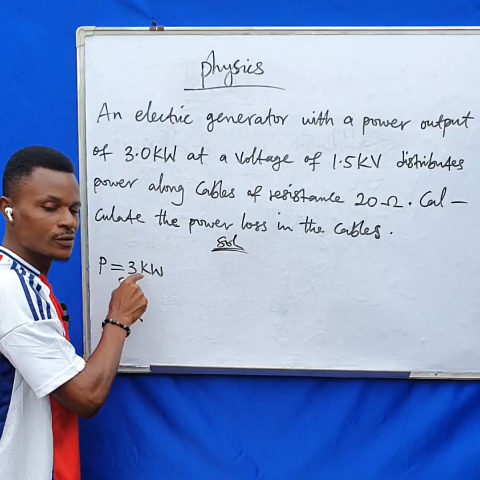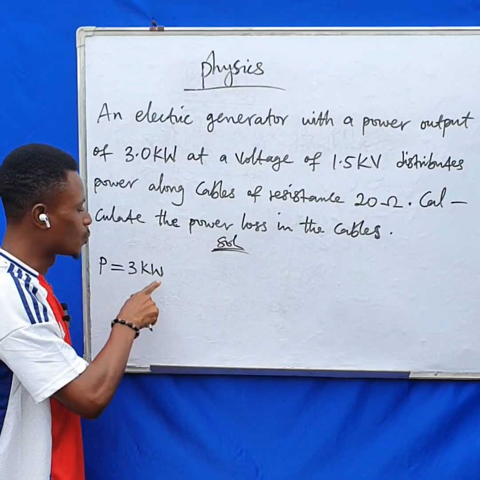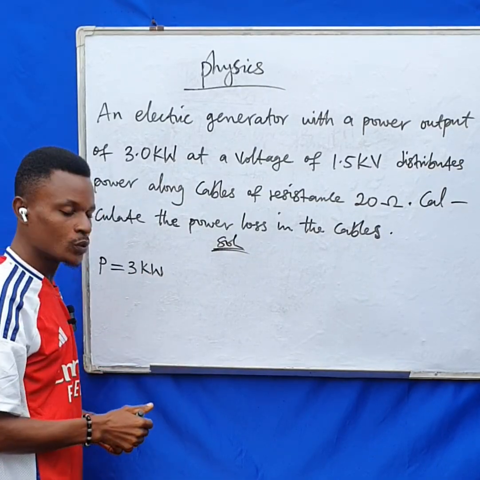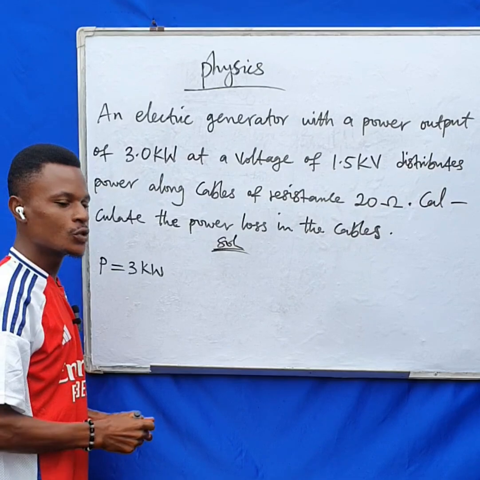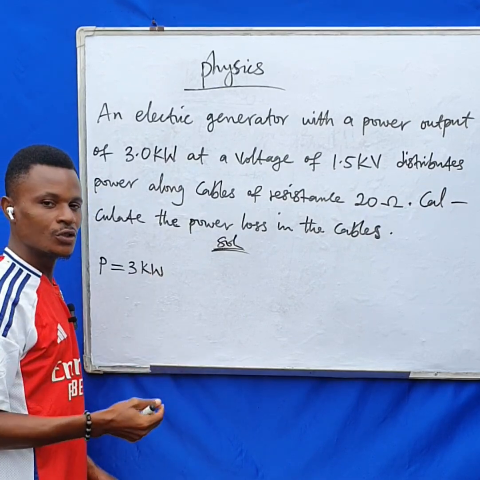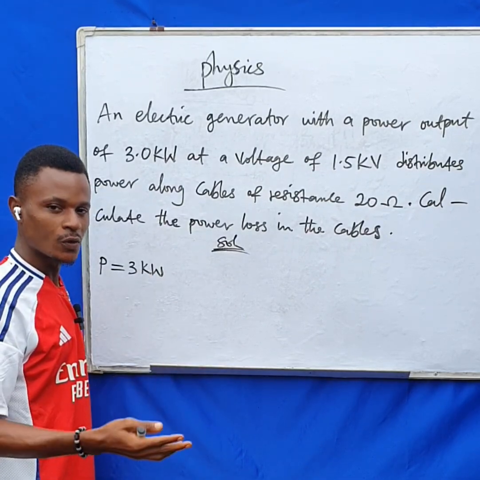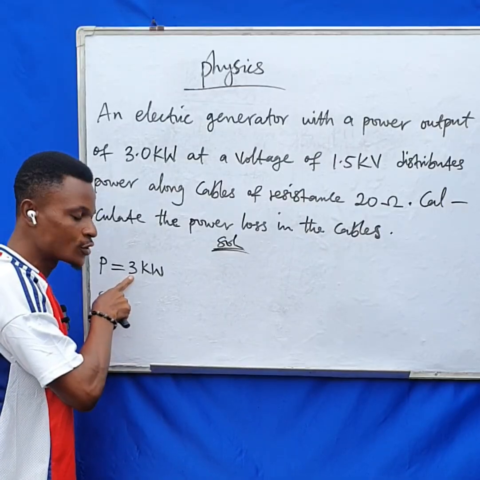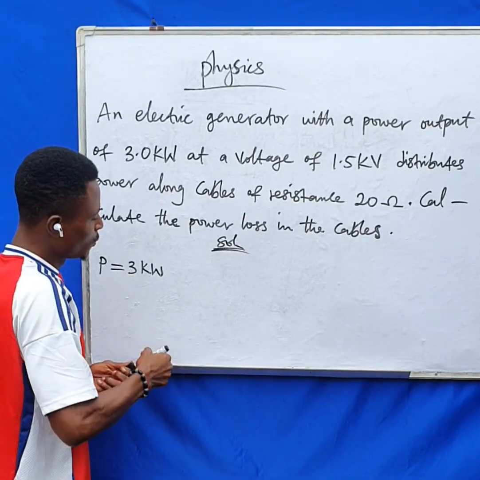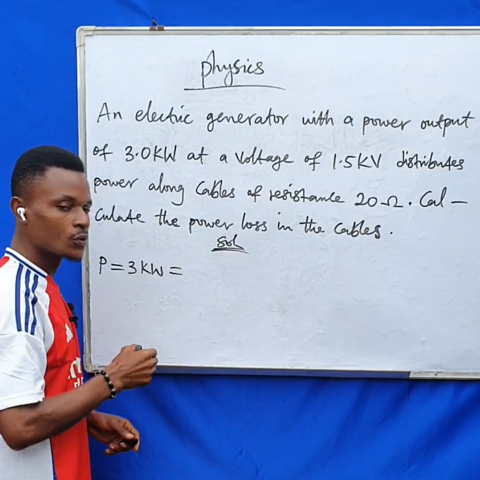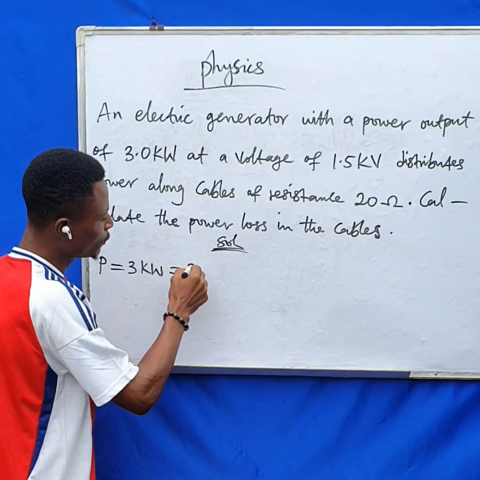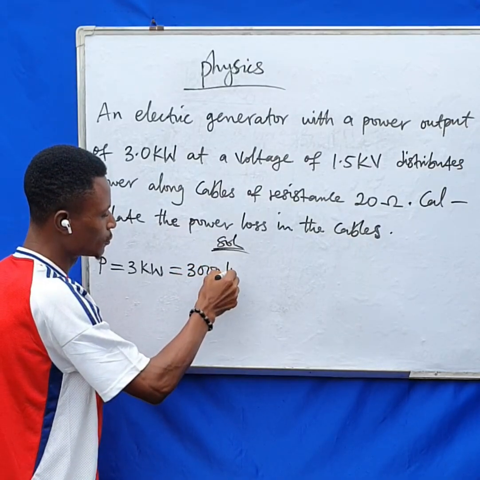Now we have to convert this number to watts. And how do we do that? Anytime you want to convert from kilowatts to watts, just multiply the value by 1000. So we're going to multiply this number by 1000. If we do that, 3 times 1000 will give us 3000. So we're going to have 3000 watts.